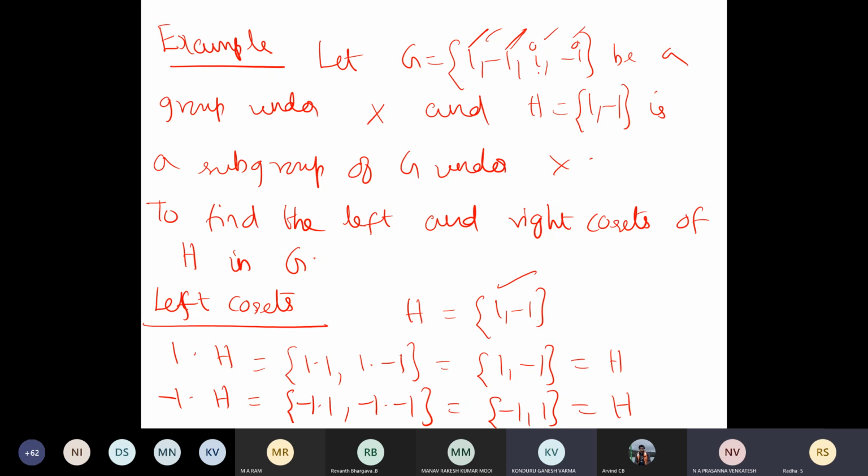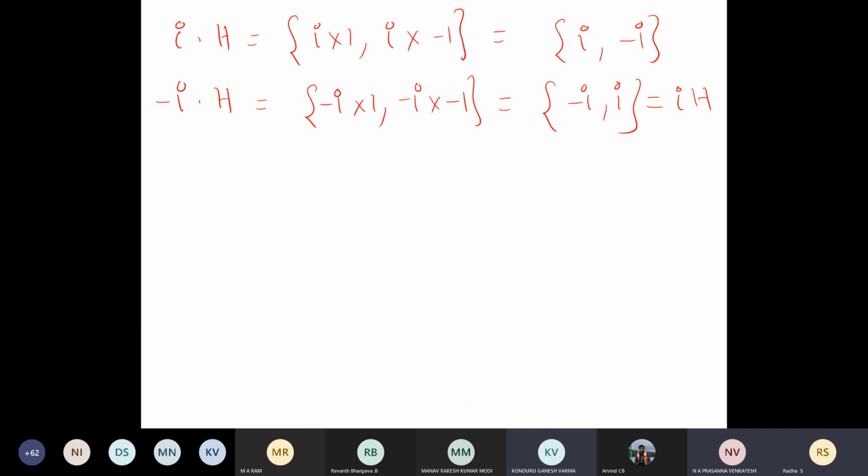So even though you are taking them from G, they are already elements of H. So if you multiply 1 and minus 1 with H, you will get back only H. Closure operation, right? So they are same only. That is your H: 1 into H, minus 1 into H, all are same.